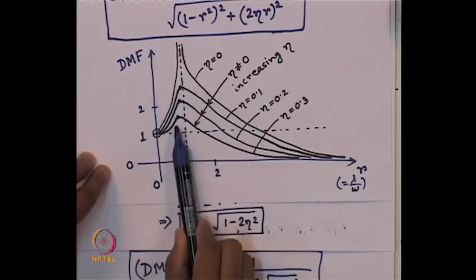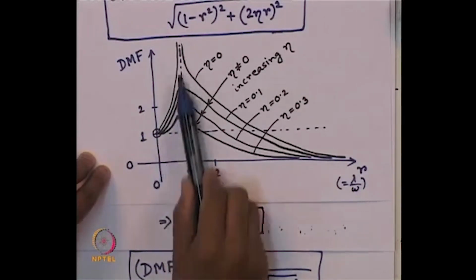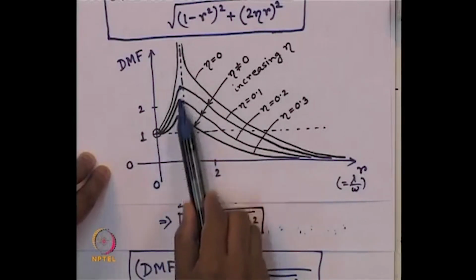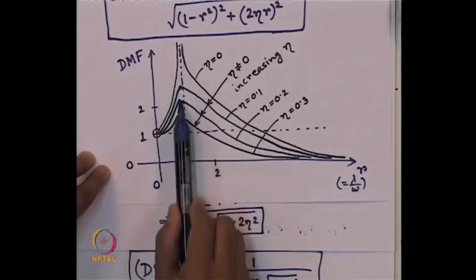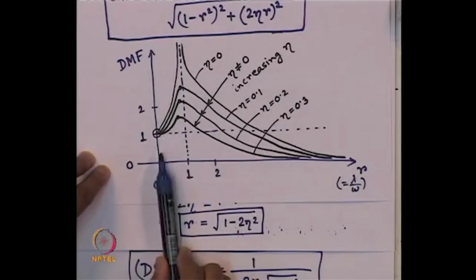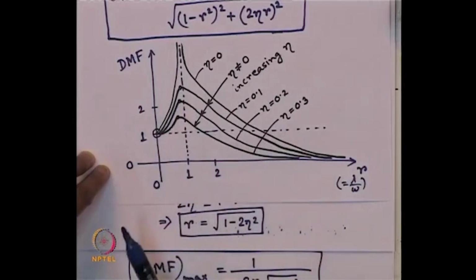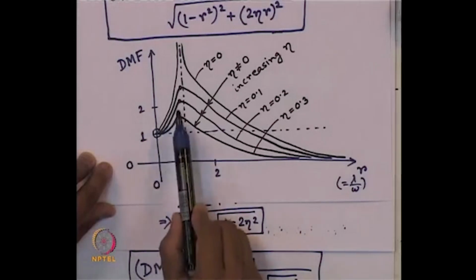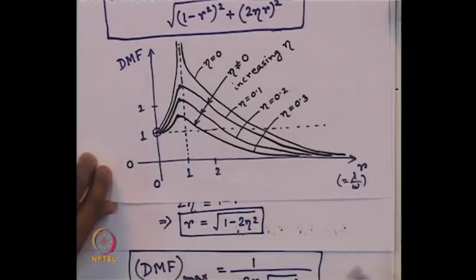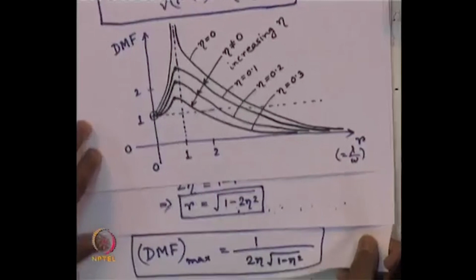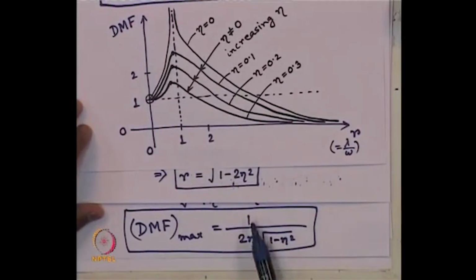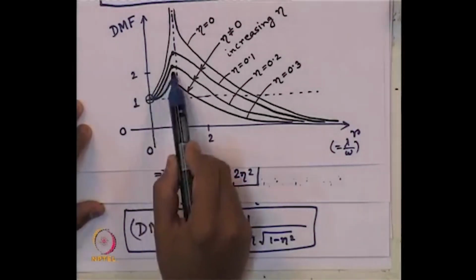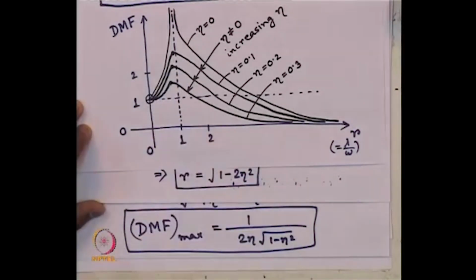So, remember, this curve follows another curve, the locus of the peak for each point with different values of eta. And what is the magnitude of the maximum value for different eta? That is what we have obtained just now: 1 by 2 eta root over 1 minus eta square. That is the maximum value for different values of eta.